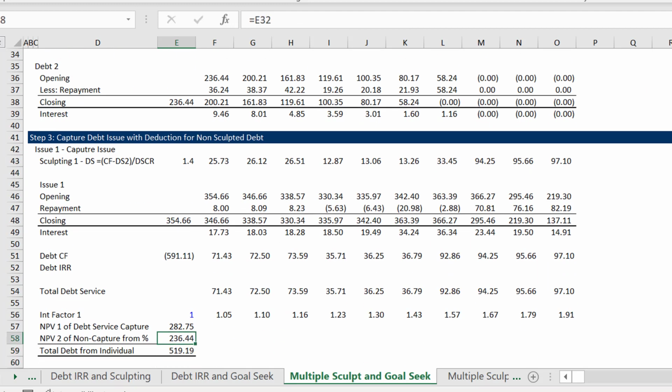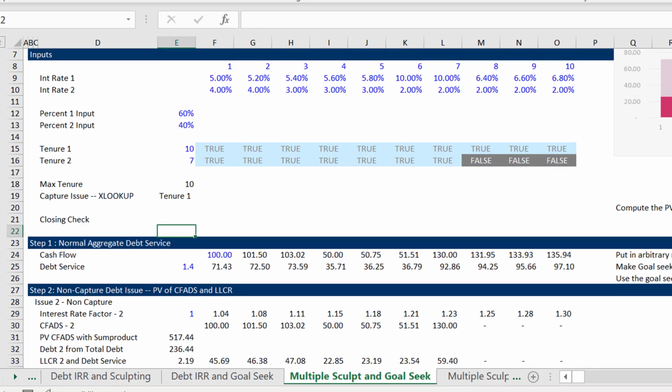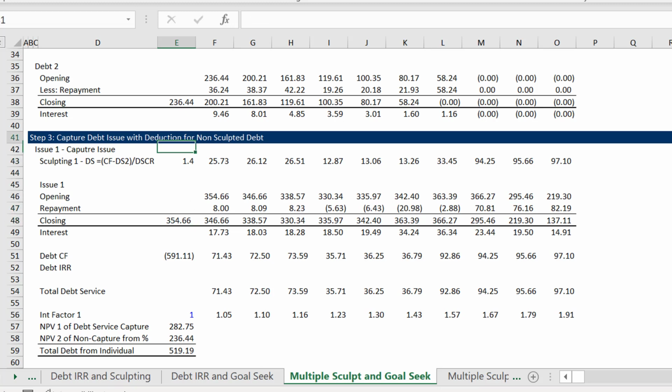Now, to get the total amount of the debt, we go to the next one, and I always seem to have to rewrite this formula. If you have multiple debt issues and one capturing debt issue, you can take the capturing debt issue, and I got this wrong. It's cash flow divided by DSCR minus other debt service.